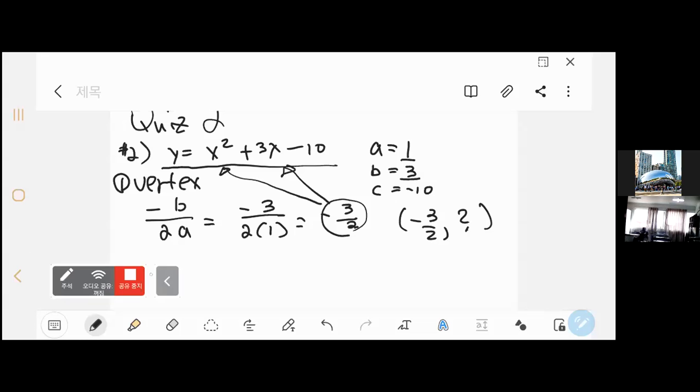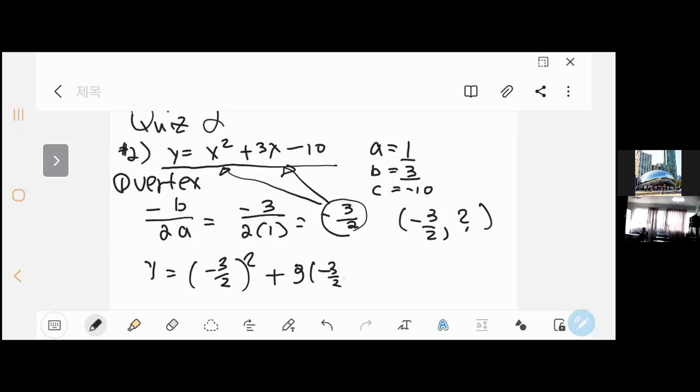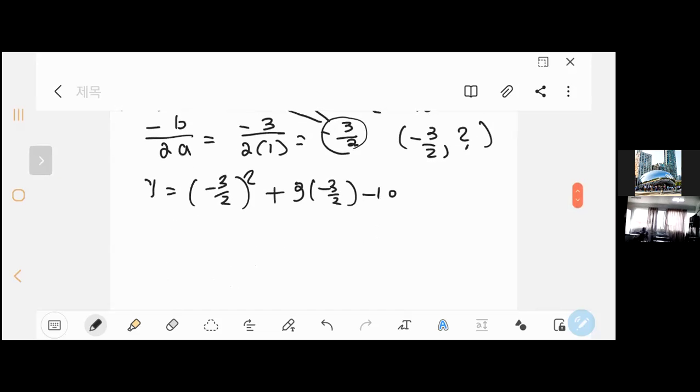So you get y is equal to negative 3 over 2 squared plus 3 times negative 3 over 2 minus 10. If you calculate the first part, it's 9 over 4. So y is equal to 9 over 4 minus 9 over 2 minus 10.